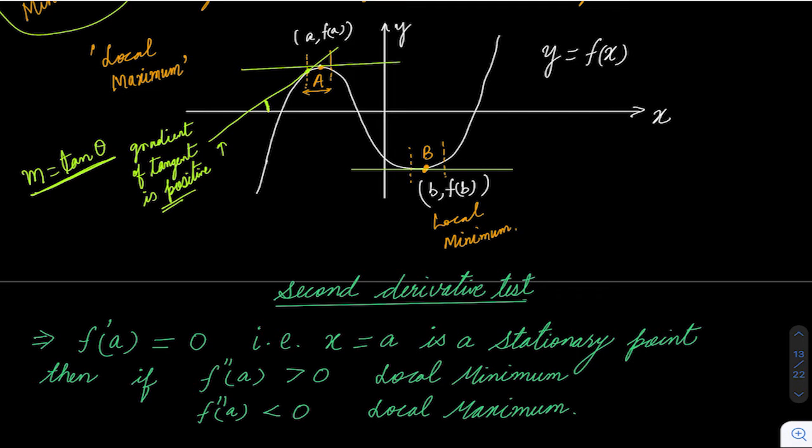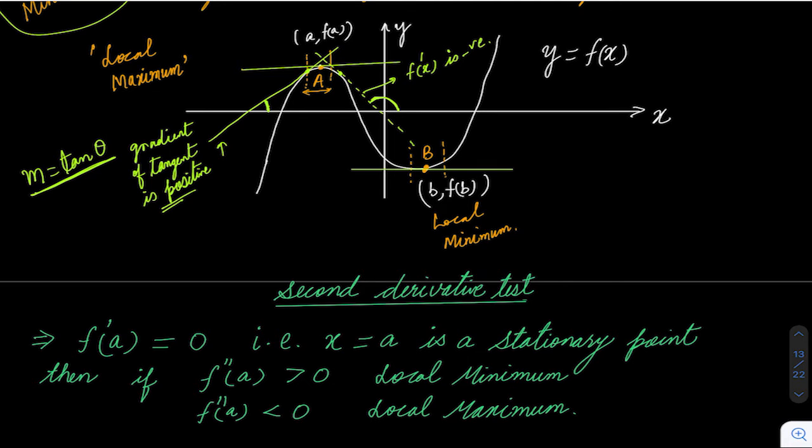Since this angle is acute, the gradient is positive. Now if you take any point to the right of A, the tangent will be something like this, and the angle it makes with the positive x-axis in the anti-clockwise direction will be obtuse. So f dash x will be negative.